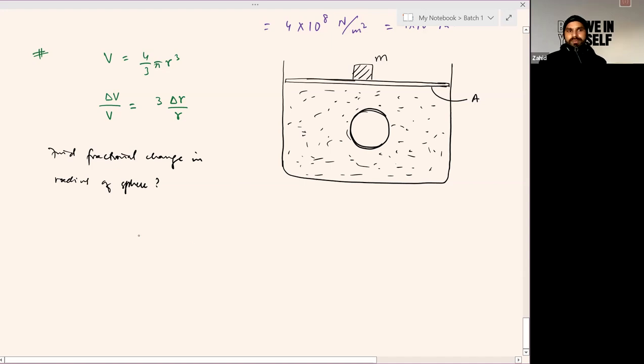So how to calculate this fractional change in radius of this sphere? To apply the formula of bulk modulus, you need some external agency responsible for applying pressure on the entire system. Hamza, which will be the factor responsible for applying pressure?